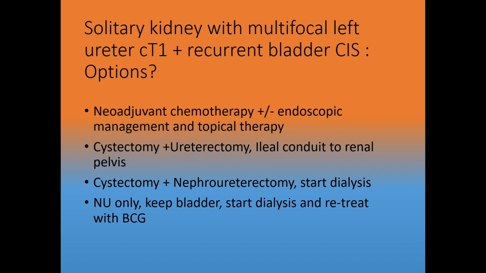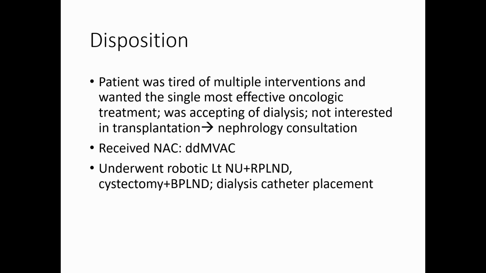This was actually a pretty smart patient, well understanding of the situation. Even though at this point she had some exposure to the effects of urothelial cancer treatment, both surgery and the topical treatments, she was basically tired of all of it. She just wanted the single most effective oncologic treatment, was completely accepting of dialysis, and wasn't interested in transplantation at all. So we said, okay, very good, let's send you to a nephrologist so you can start having this conversation.